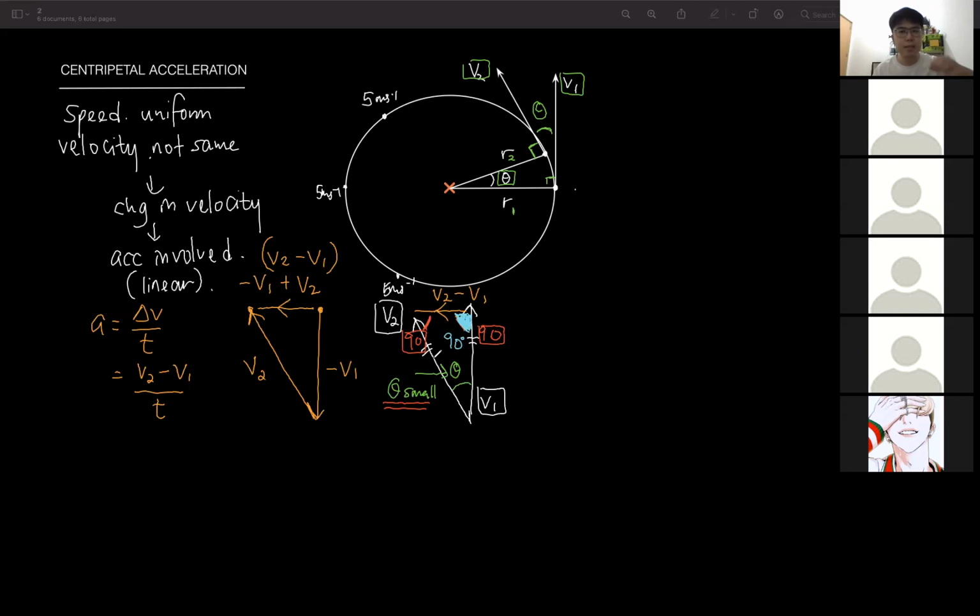That tells you the acceleration vector is perpendicular to the linear velocity vector. Whatever the linear velocity vector is, the acceleration vector is perpendicular to it.